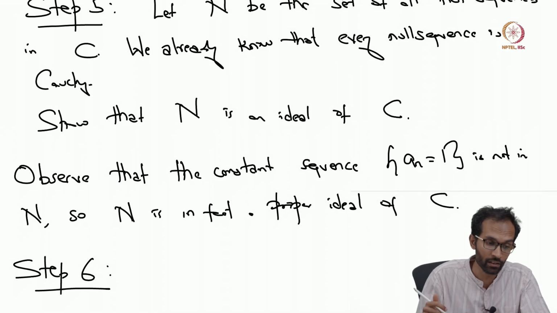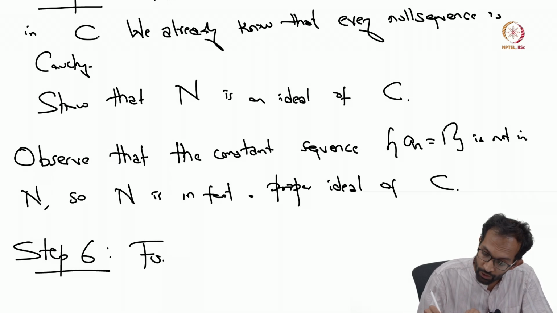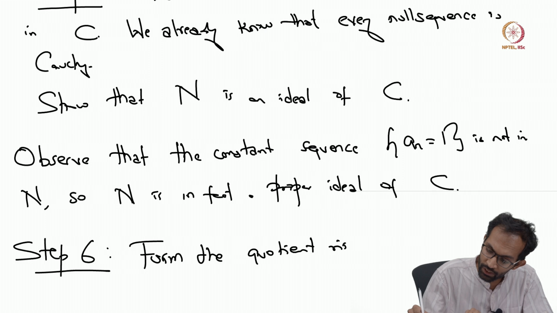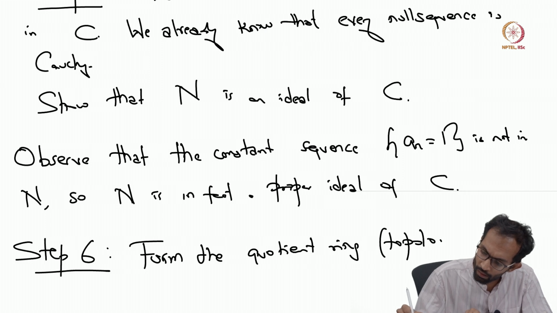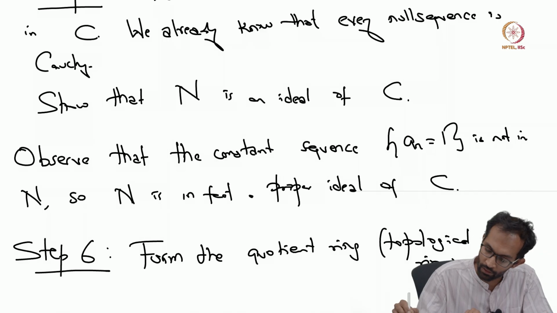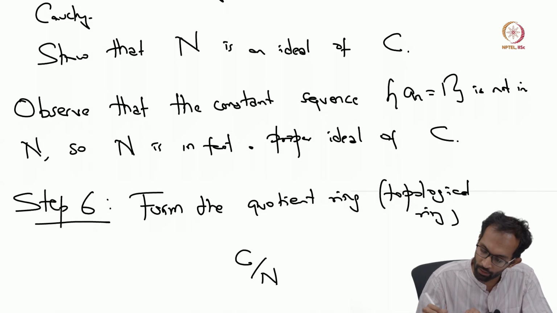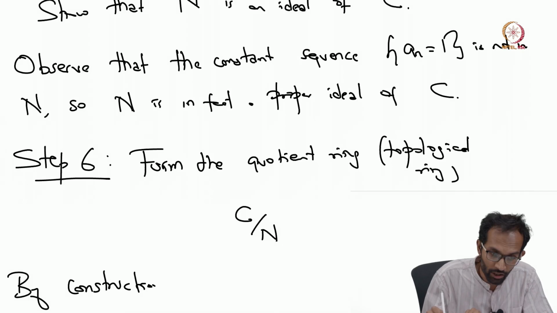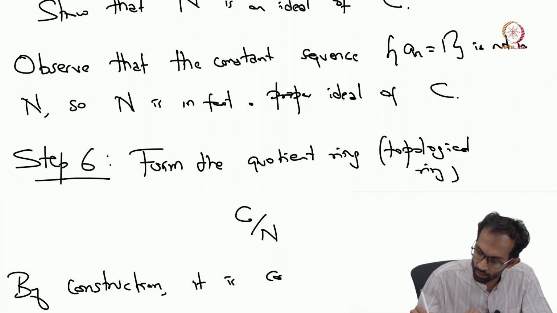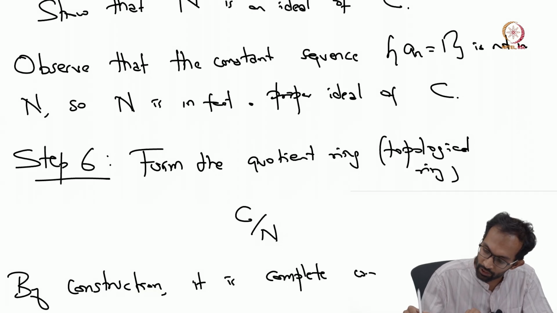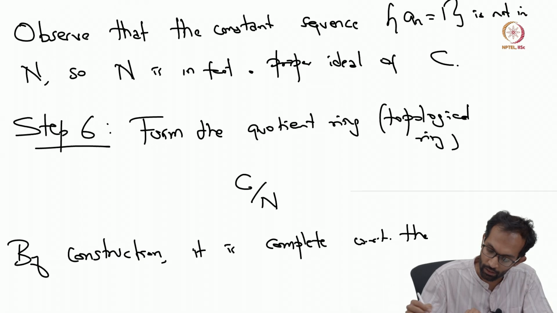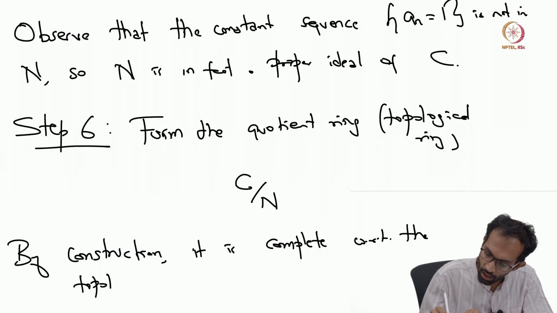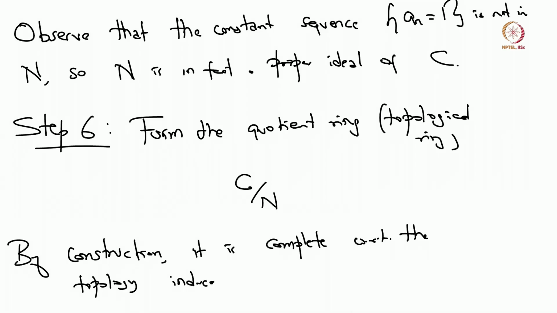We have a ring, we have an ideal, and so you form the quotient ring C mod N, which actually turns out to be a topological ring, and by construction, because we are using all Cauchy sequences, this ring is complete with respect to the topology induced by this p-adic absolute value function.